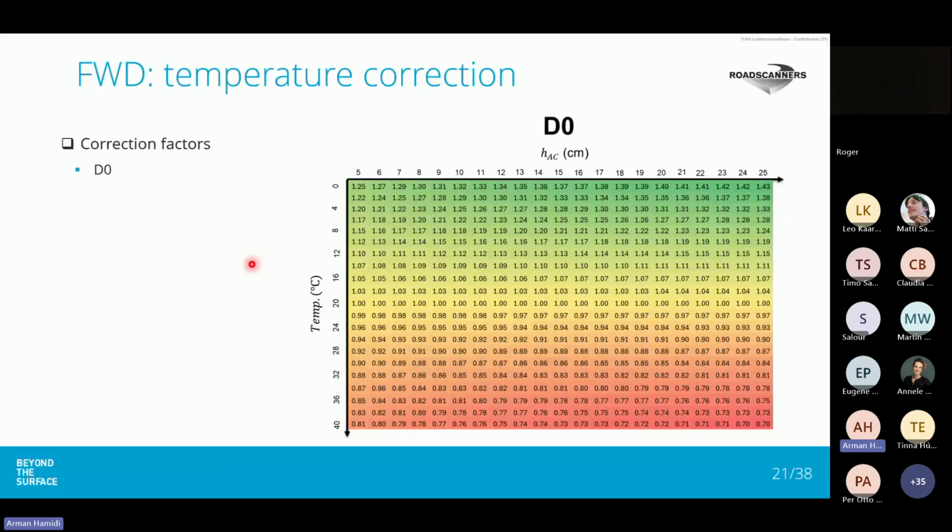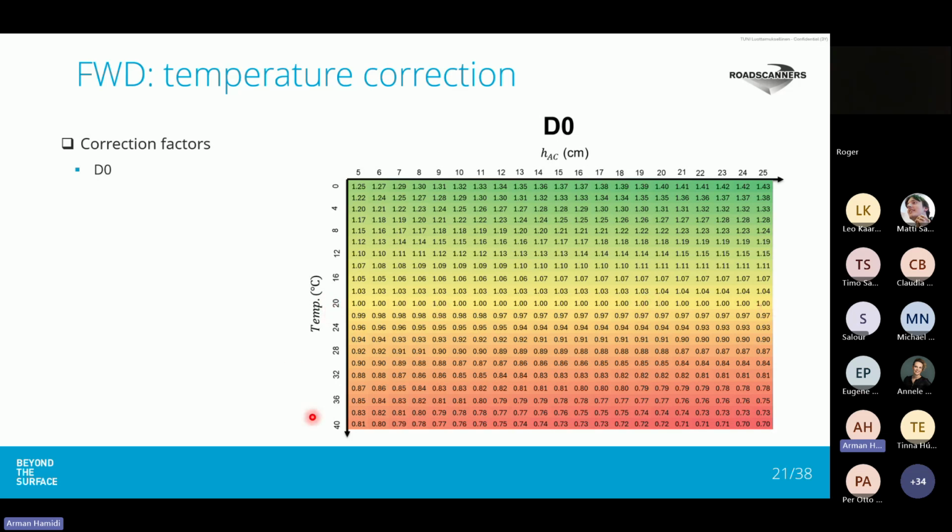And these correction tables were developed. So we can see here, for example, for D0 at different asphalt layer thicknesses and different temperature levels, how much are these correction factors. As the reference temperature was considered 20 degrees of centigrade, when temperature is 20, the correction factor is 1.